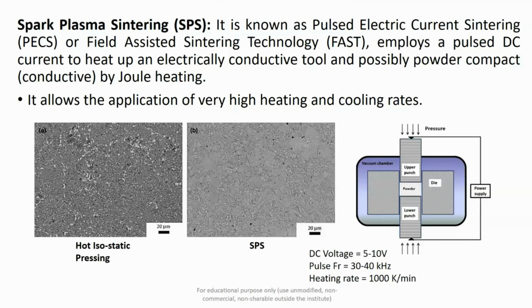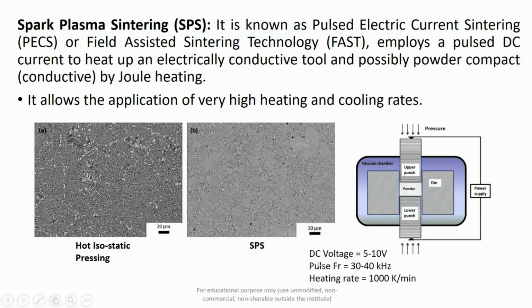So you have basically the upper punch and the lower punch, and this whole process is carried out in a vacuum chamber. The die is made of graphite, and from the upper punch to the lower punch, you are applying a very low DC voltage of 5 to 10 volts.